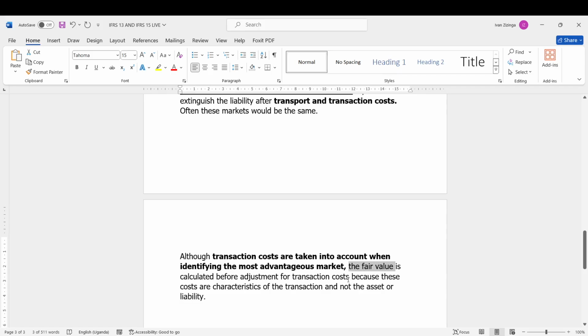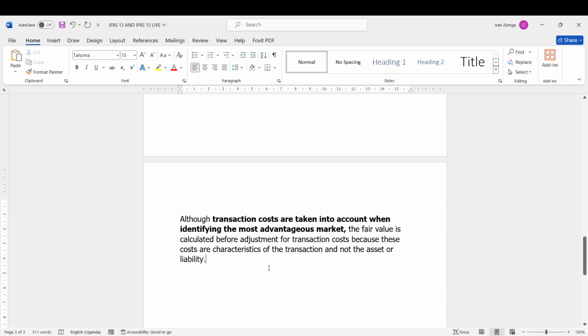And the reason is very simple. Transaction costs are characteristics of the transaction. Because you want to sell, then you incur those costs. But they are not attributed to the bull that you're going to sell. That's why we do not adjust such transactional costs.